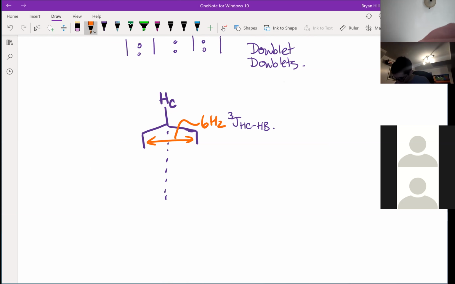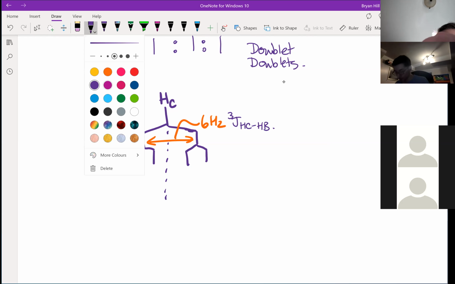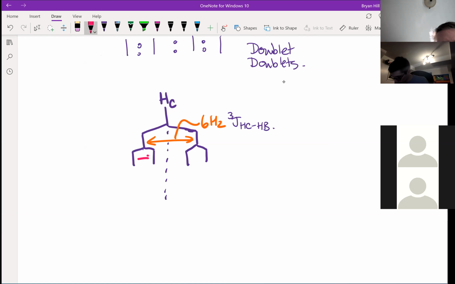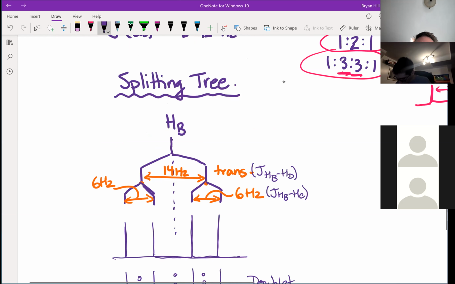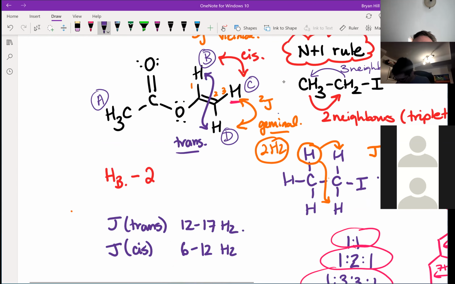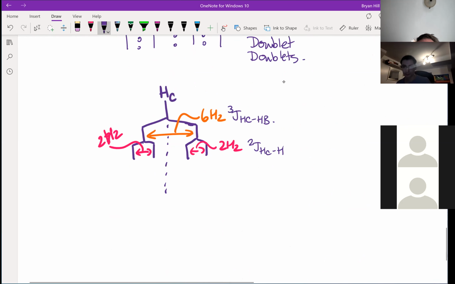And then there would be the smaller 2 hertz coupling in here. 2 hertz. And this would be the geminal coupling, the 2J HCHD, I guess.